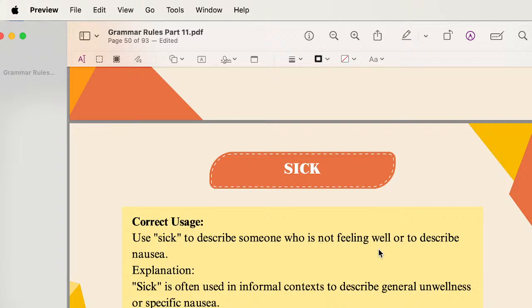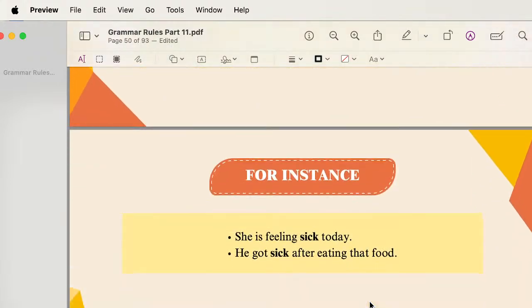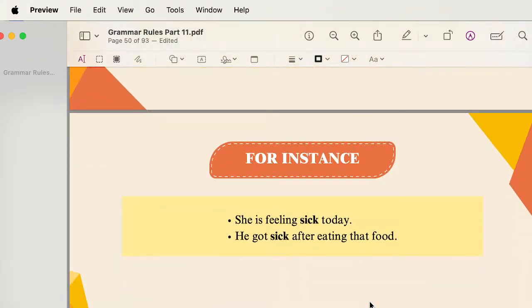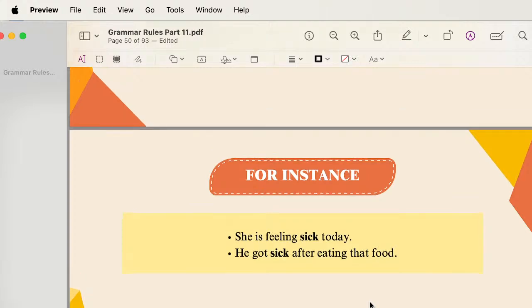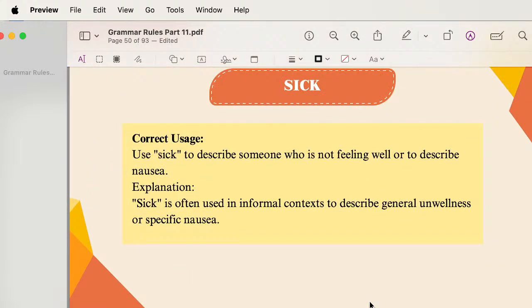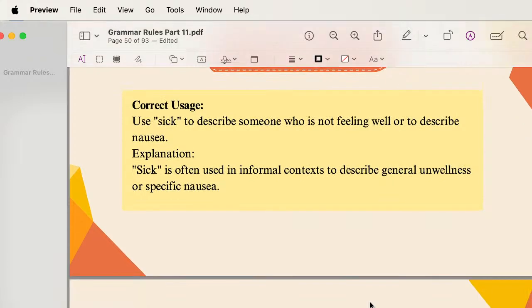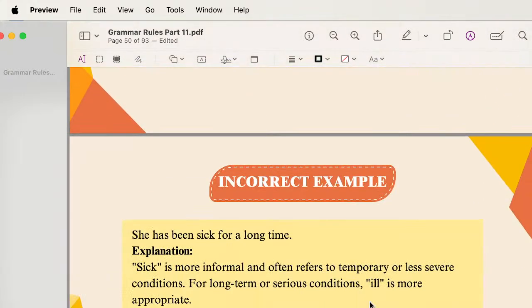Right? Sick is often used in informal contexts to describe general unwellness or specific nausea. Let's see the example. She is feeling sick today. She got sick after eating that food. So when you're not well, it could be for any reason. It describes mostly nausea.